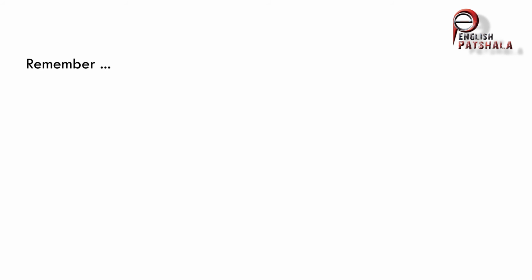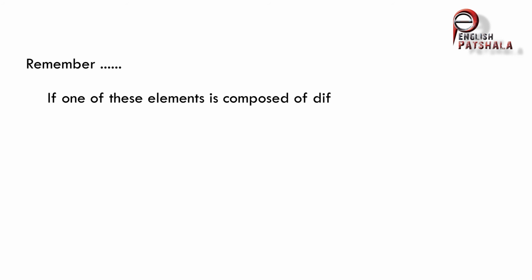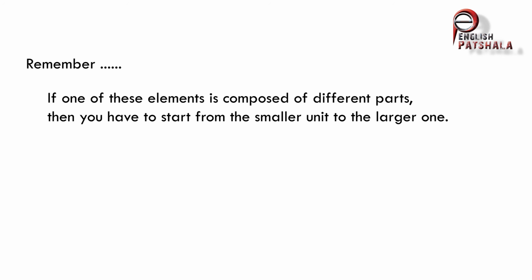One thing you must remember in order to write or speak a sentence orderly, that is, if one of these elements is composed of different parts, then you have to start from the smaller unit to the larger one. Let's see an example of when elements.